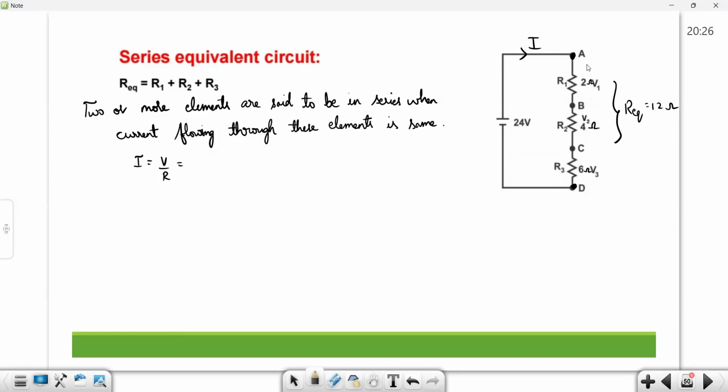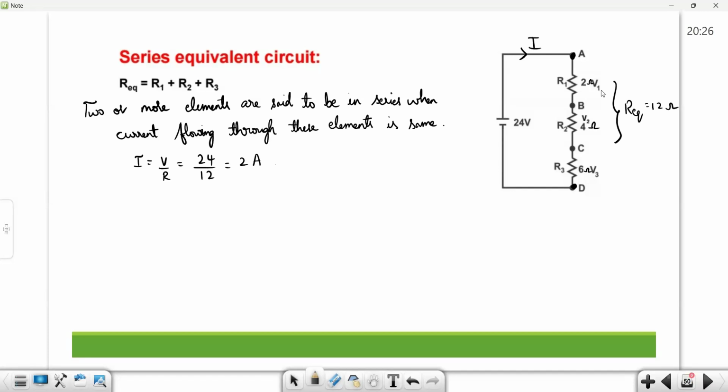And from A to D, what is the voltage applied? Voltage applied across A to D is 24 volts. So 24 by 12, the answer will be 2 amps. That means the current flowing through R1, R2 and R3 is 2 amps.